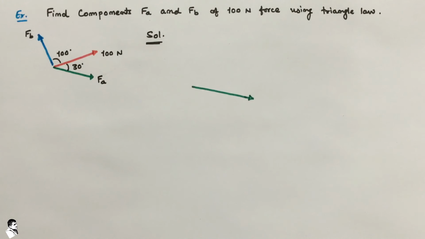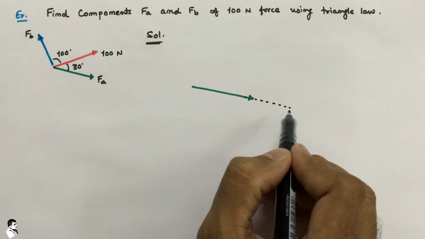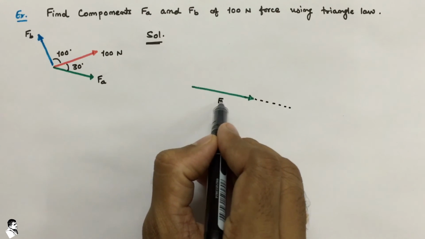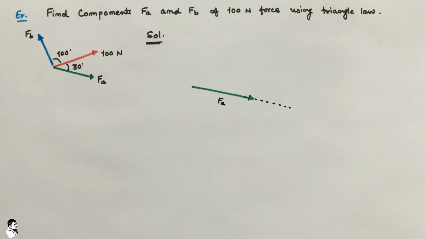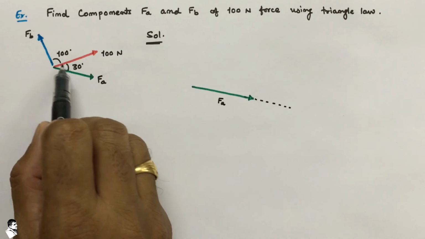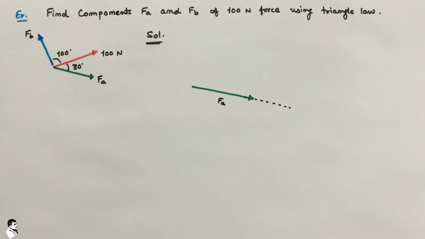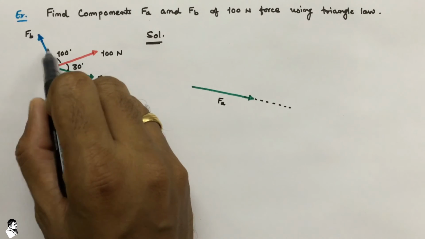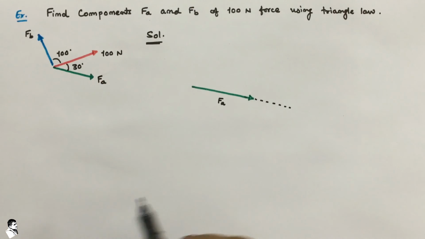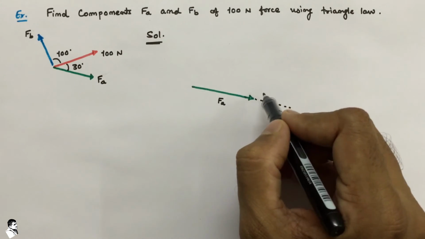So here is the force FA, and if we extend that line in this particular direction, this is the line of action where this FA force is acting. Now from the given figure we know that FA and FB both make an angle of 130 degree. So now we require to draw this FB force.